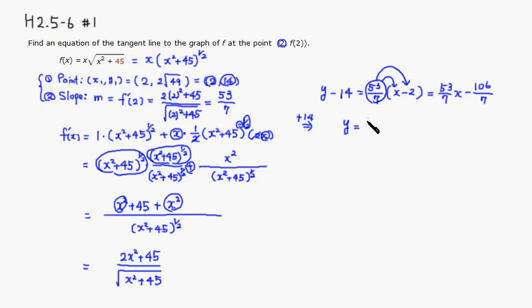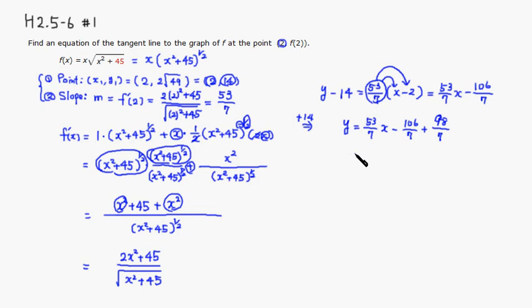Then you have 53 over 7 x, minus 106 over 7, but we're adding 14. 14 is the same thing as what over 7? 14 times 7 is 98, so it's 98 over 7.